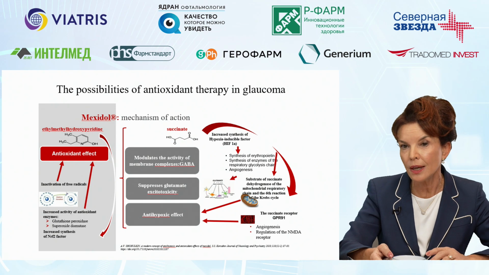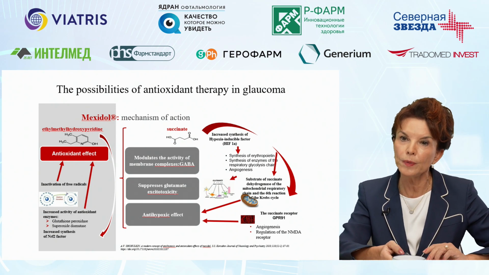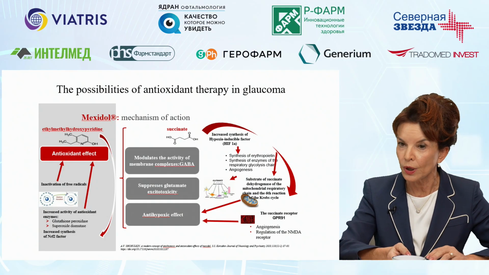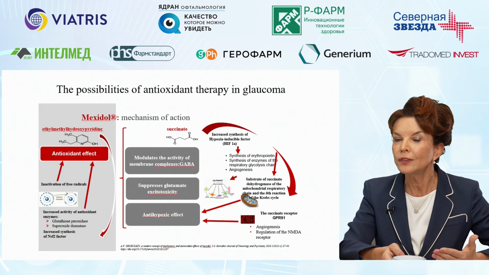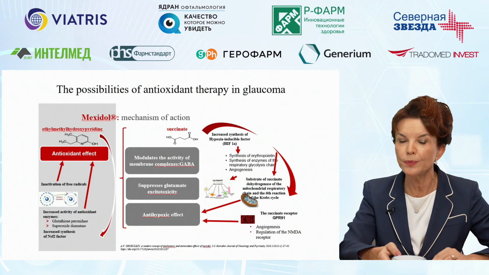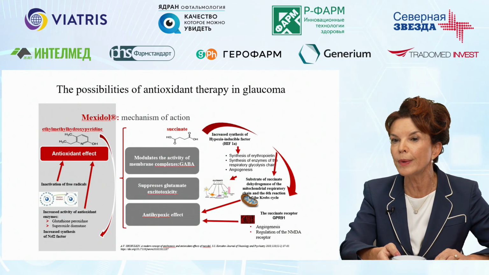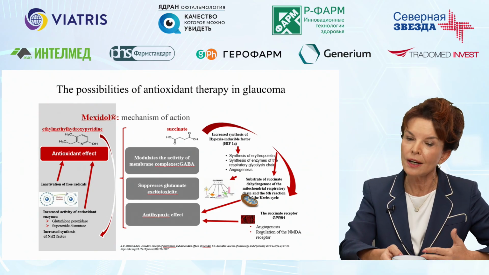This is another example. Many patients have neuroprotectors administered in this case. And here I should mention Mexidol, which as a drug is positioned by many ophthalmologists as an antioxidant. It is also used by cardiologists and nephrologists as an antioxidant.